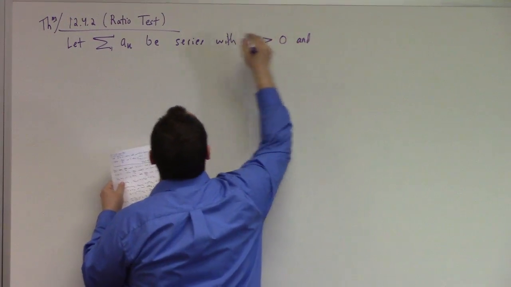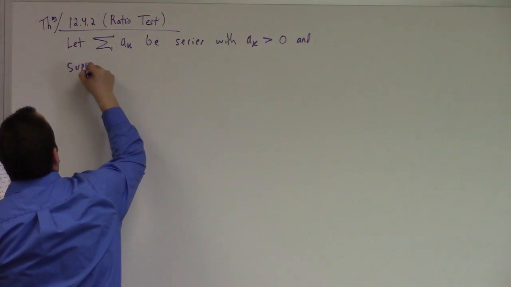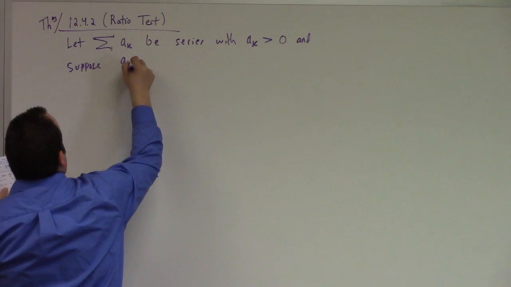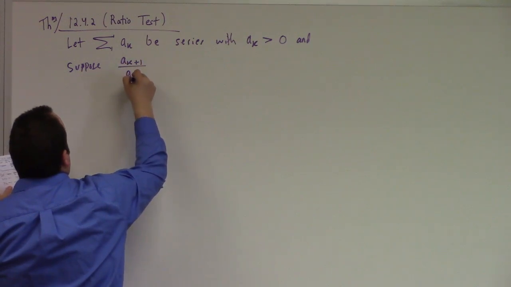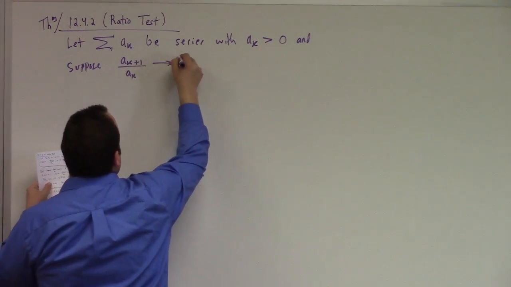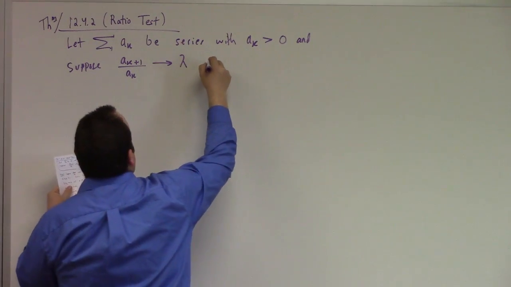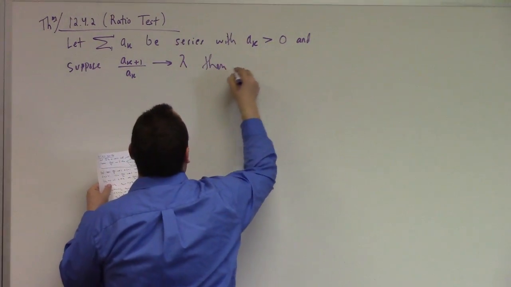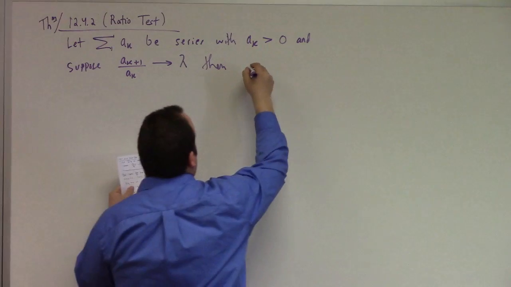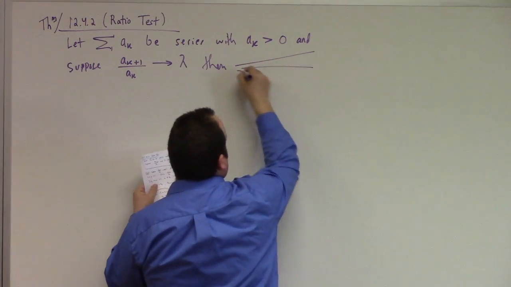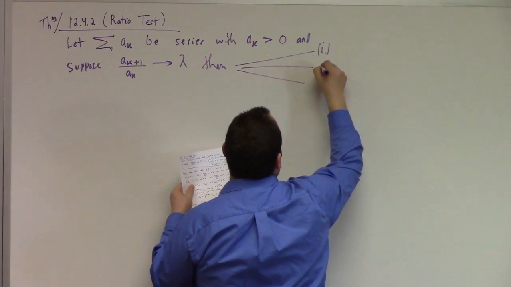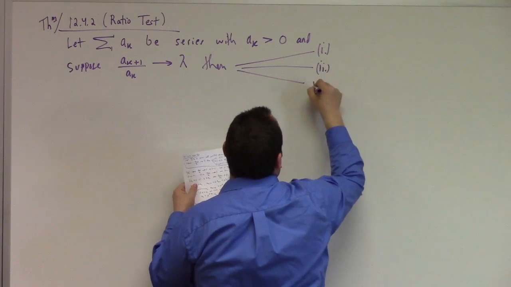And suppose the ratio a sub k plus 1 over a sub k tends to lambda. Then 3 cases.